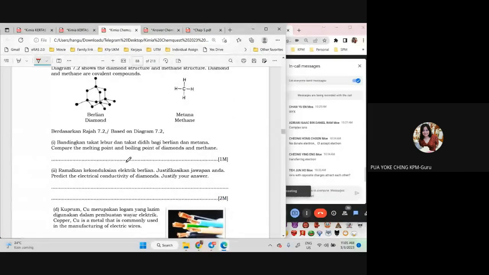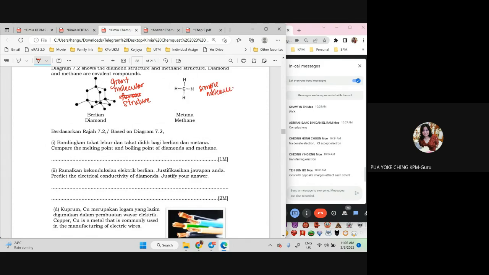Okay. So this is giant molecule. Giant molecular structure. This is simple molecule. Okay.